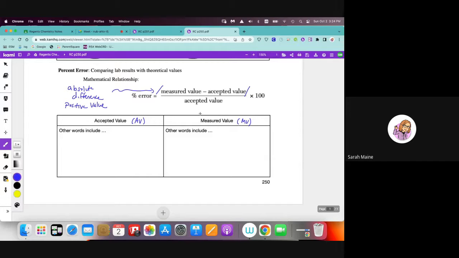So common terms that we tend to see in our class that will identify a value as being the accepted, obviously the accepted, but it could also be referred to as the actual value, the true value. If we look it up in a reference journal, like your reference table, so it could be the referenced value, what scientists have established.